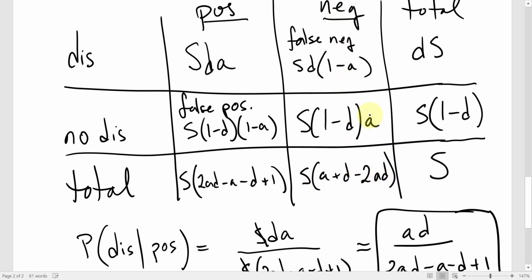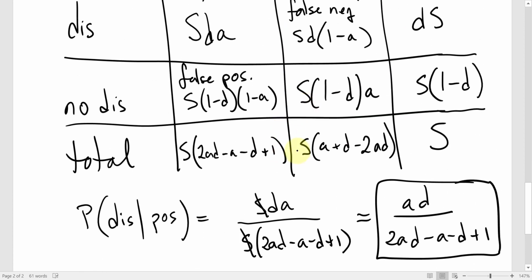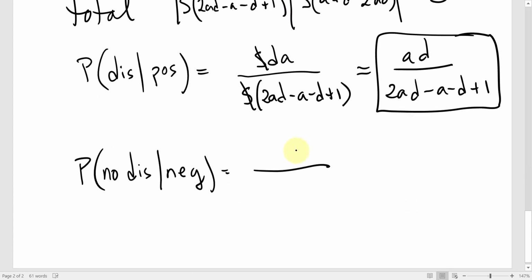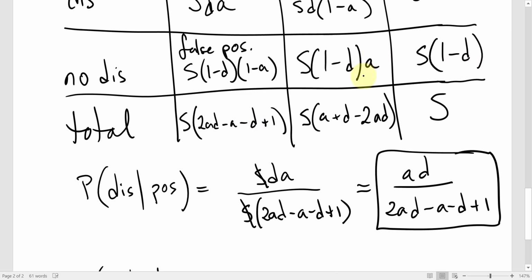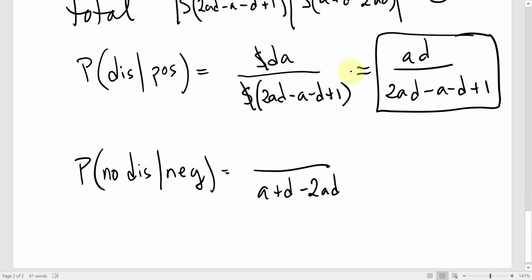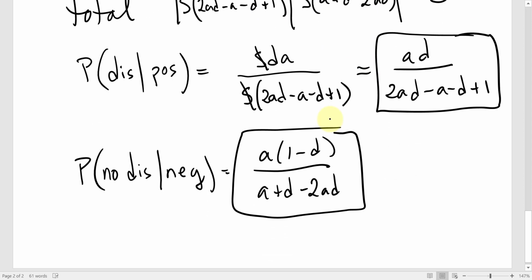And how many of them don't have the disease? That's that number there. So, of course, you can see the S's are going to cancel. So I'll just write that as, on the bottom, A plus D minus 2AD, and I cancel the S. And on the top, I have A times 1 minus D. And yeah, we can graph that as well. So that's what I did.